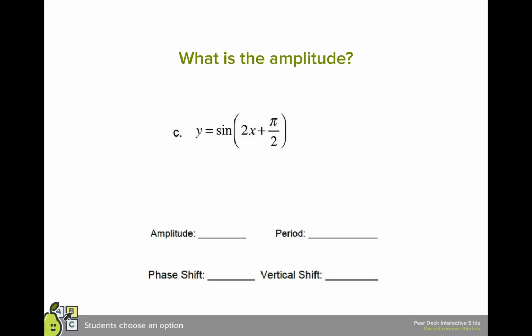So in this problem for part C, what is the amplitude? Absolute value of 1 is 1. What is the period? So you did 2 pi divided by 2 x's, so you should get 1 pi.